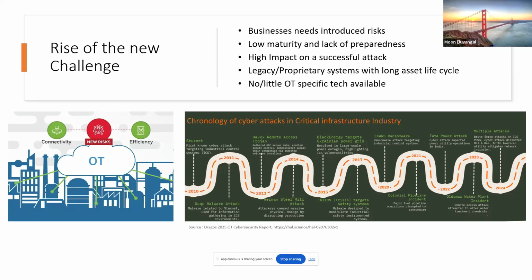It may be 20 to 30 years, sometimes even more, and I have seen a 40-year-old system in some of the plants still running, and it's not easy to change, right? And the impact is huge, that is why it's very relevant. If something happens, it may have a very large impact compared to what happens in an IT world.